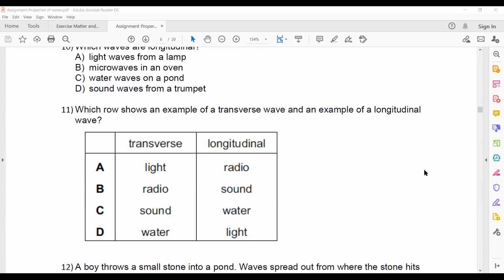Question 11. B is the right answer. Radio waves are transverse; sound waves are longitudinal.